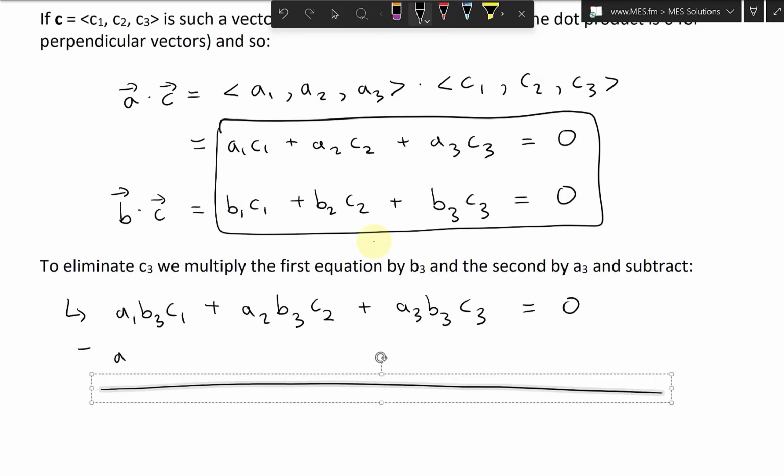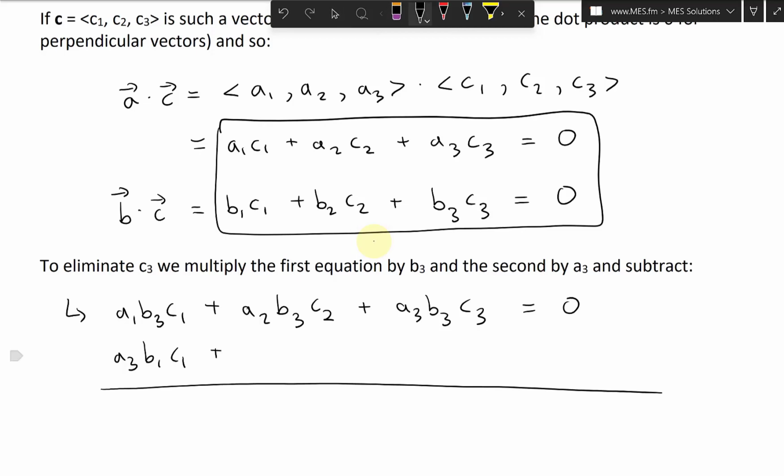So we'll have A3 B1 C1, and then plus, let's remove this minus sign there because we will subtract from everything. And then it's going to be A3 B2 C2, and then plus A3 B3 C3 equals 0.